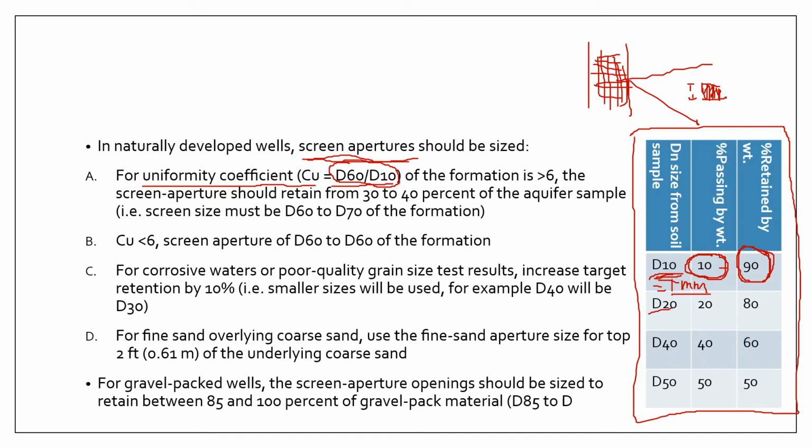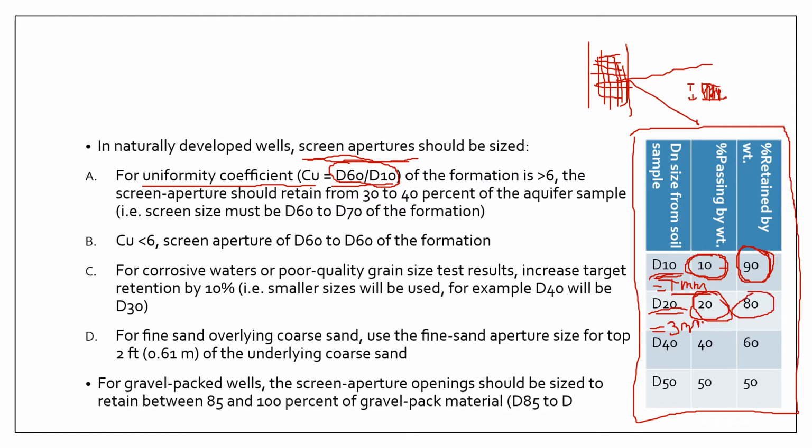Now let's say we have another size which is D20. All right. And let's say, for example, from the grain size analysis, the D20 is 3 millimeters. So typically your D20 will always be larger than your D10. Your D40 will be larger than your D20, and so on. So for your D20, that means that a 3 millimeter opening will allow 20% of your samples to pass through.